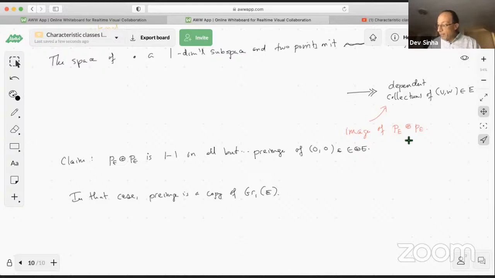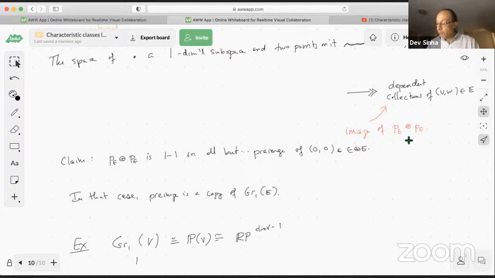And by the way, let me give one more exercise, because back in some basics, GR1V is isomorphic to the projective space on V, which would be isomorphic to RP^(dim V minus 1).